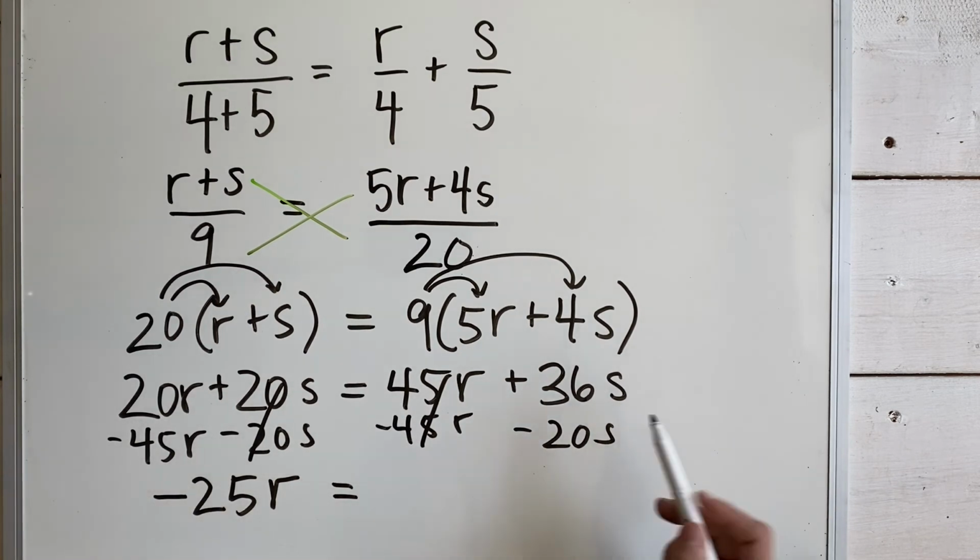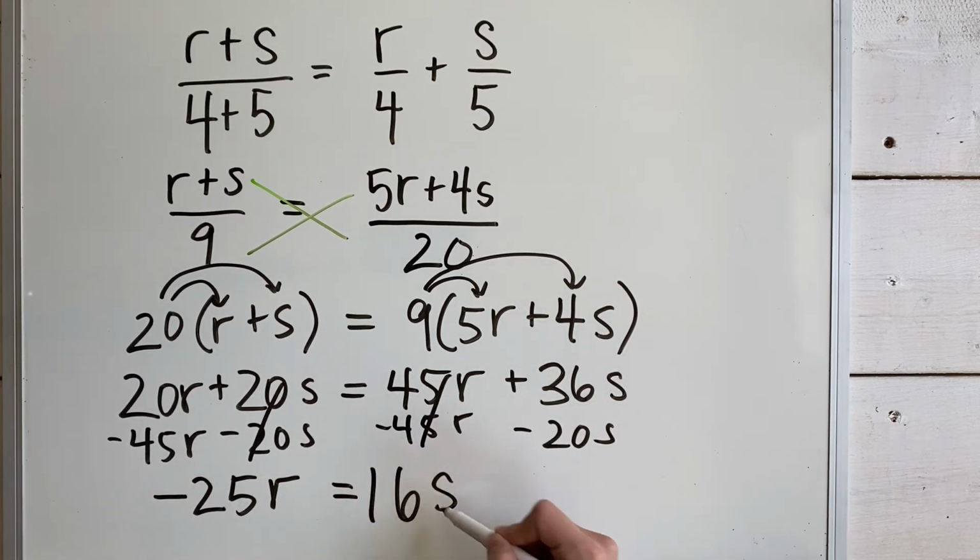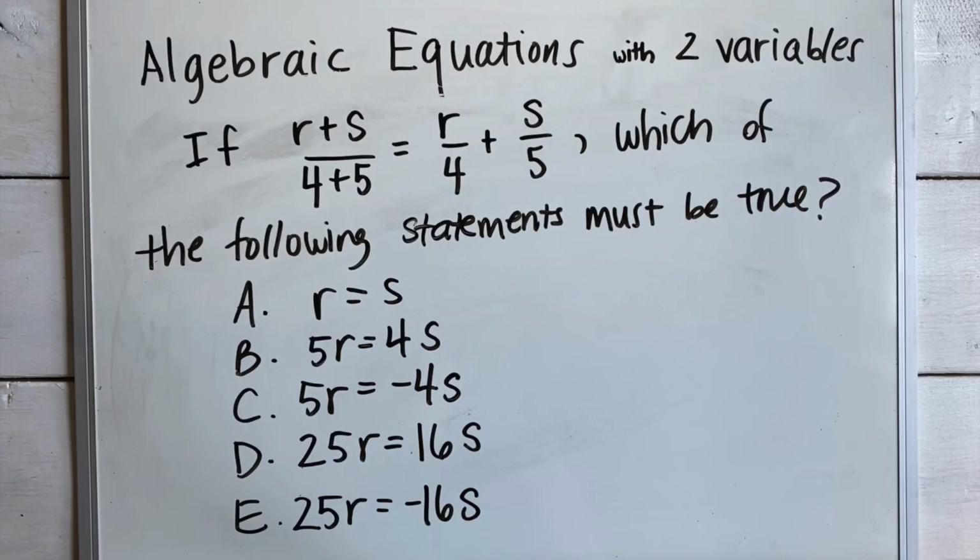Negative 25r equals 16s. So now we're stuck in this weird situation because negative 25r equals 16s is not one of the answer choices, but answer choice E is 25r equals negative 16s.